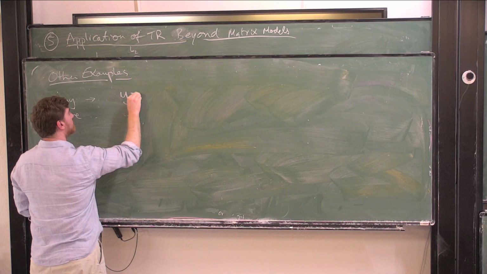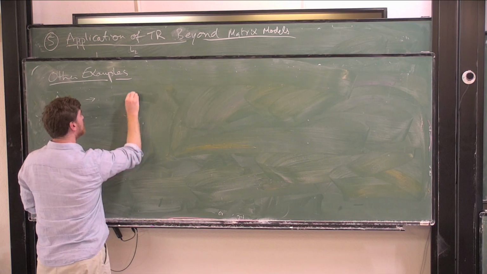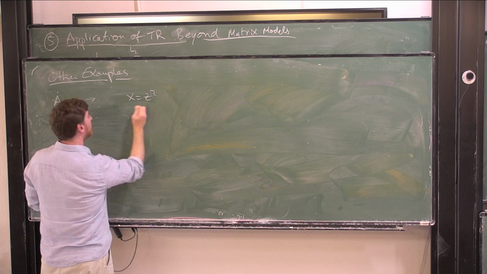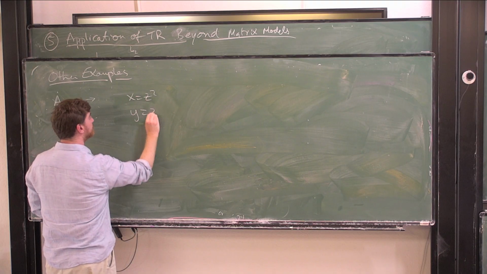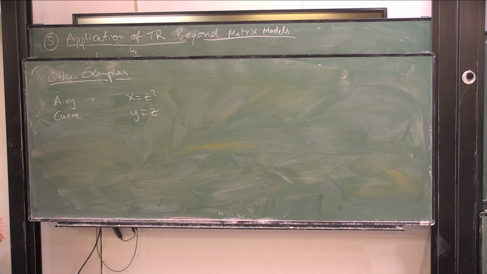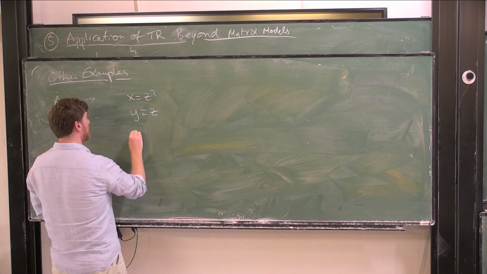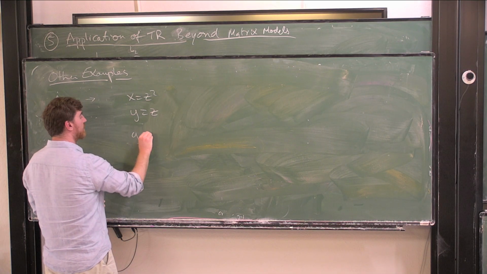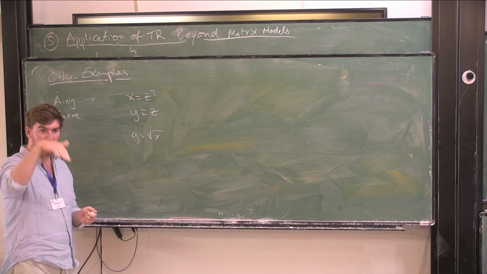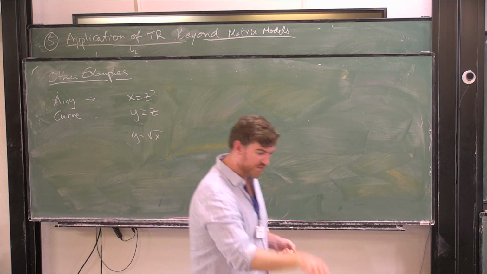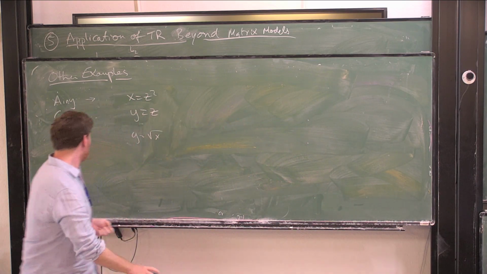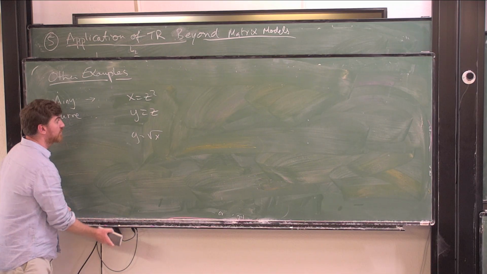This is x equals z squared, so just like over there, and y just equals z. Okay. So it's Airy because y looks like square root of x, which is the Airy behavior in WKB approximations of the wave function near a turning point.